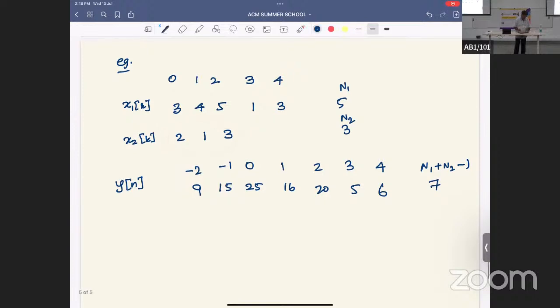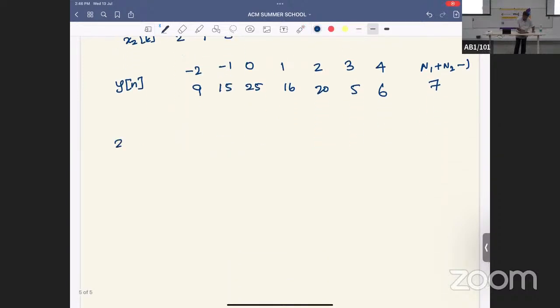Okay. So now let's write down the equation for 2D convolution. Here you have two signals, x1 of m comma n and x2 of m comma n.